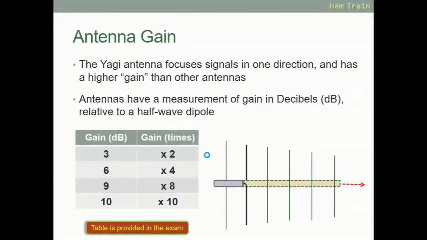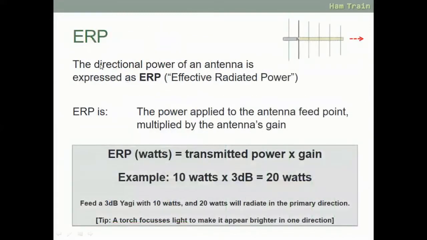So I'll show you what we mean now. The directional power of the antenna is expressed as ERP, or effective radiated power. The power applied to the antenna feed point is multiplied by the antenna's gain. So we have an example down here of 10 watts times 3 decibels equals 20 watts. Now, 10 times 3 is not 20.